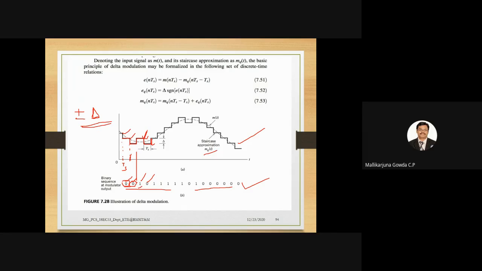Hence, it is called a 1-bit quantizer. Two quantization levels I can represent with 1 bit, either 0 or 1, right? With that, I will be able to reduce the bandwidth requirement for transmitting the message signal. I will come back to these equations with respect to this block diagram. Hope this concept is clear.